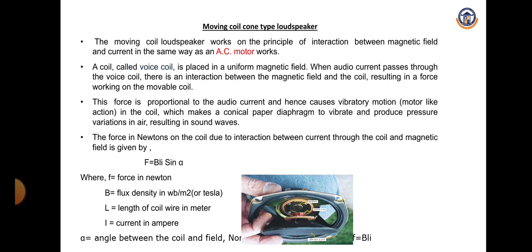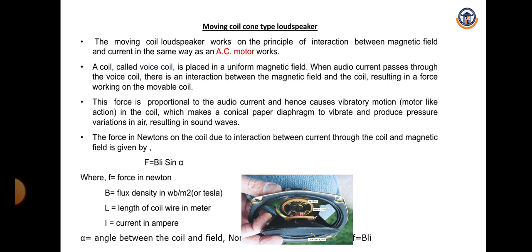There is an interaction between the magnetic field and the coil, resulting in a force on the movable coil. This force is proportional to the audio current and hence it causes vibratory motion, like motor reaction, in the coil, which makes a conical paper diaphragm vibrate and produce pressure variations in air, resulting in sound waves.